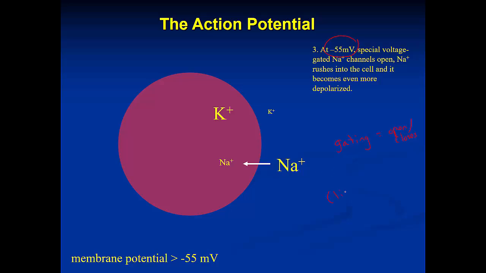Later, we're going to talk about ligand-gated. A ligand is something that binds to it, so something will bind to it and open the channel. Those are separate ones. But here we're talking about voltage-gated. So when the membrane potential hits minus 55 millivolts, special channels open up.